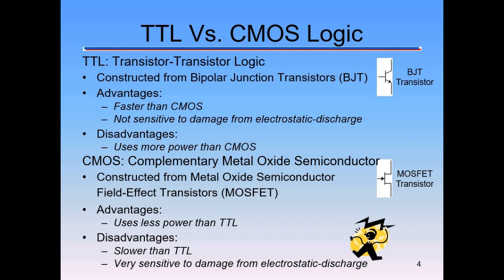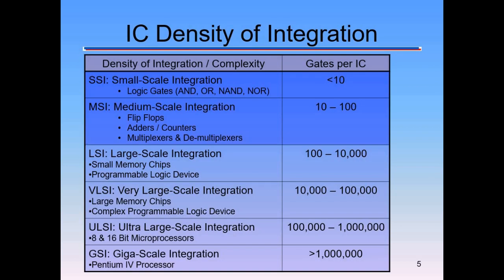Now the CMOS semiconductors, the complementary metal oxide semiconductors, or the integrated chips that are MOSFETs, are metal oxide. It's really the material that they make them out of. So they're field effect transistors. They use less power. That's really the only advantage for them. They are a little slower, and they are very sensitive to static discharge.